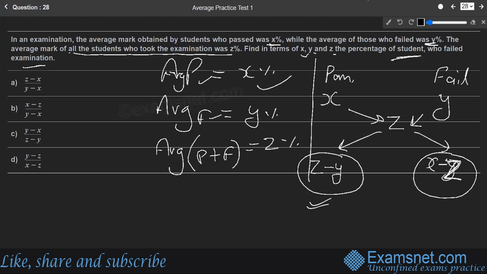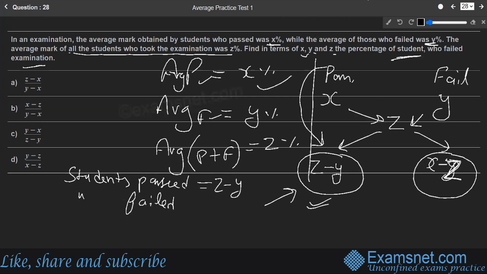Now, how many students have passed? Students passed is on the side of pass, that is Z minus Y. Students failed can be found on the side of fail, that is X minus Z. This is what our mixture and allegation chart has given us. So these are the student pass and fail values.